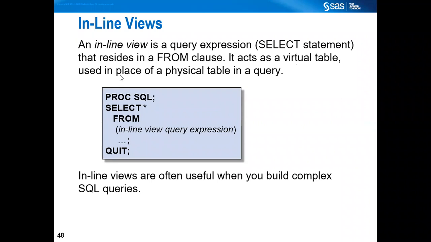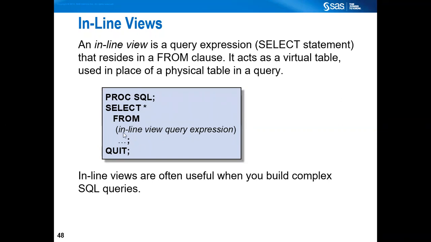It acts as a virtual table used in place of a physical table. So instead of writing an existing table, you write a query, and when executing this code, this query will first create a virtual table. That table is no more physical, but the query result acts as a virtual table, and that table acts as the input table for this from clause.